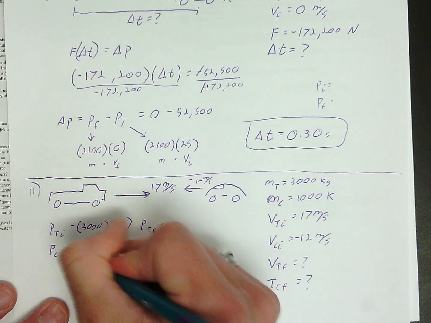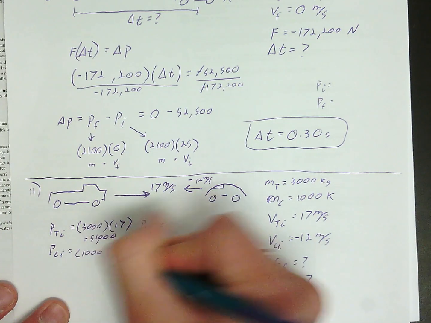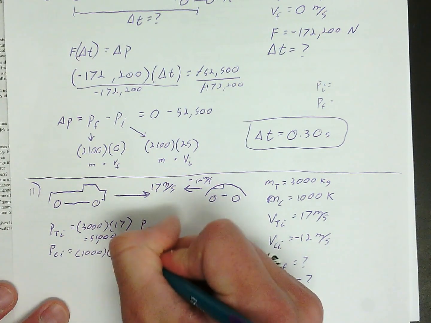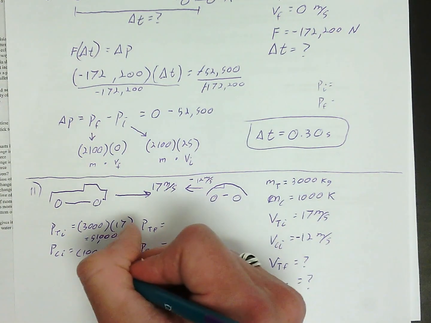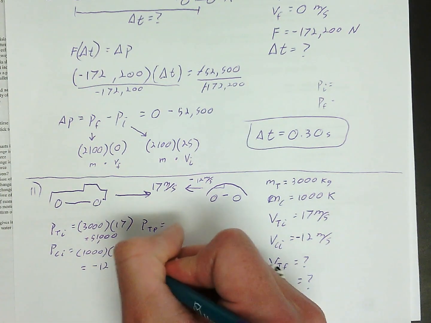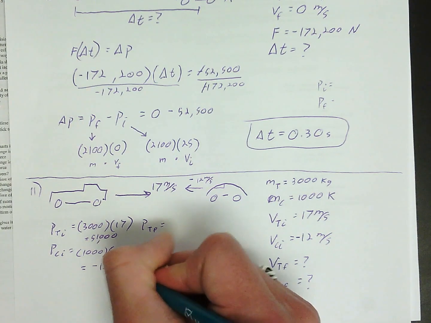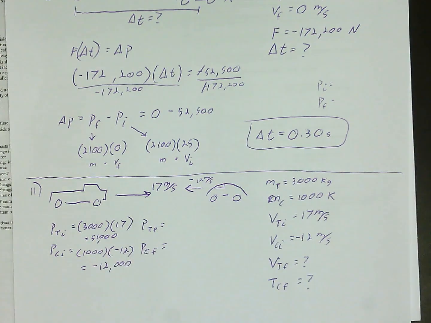Okay, car, 1,000 times negative 12 gives me an initial momentum of negative 12,000. Okay, so far so good.